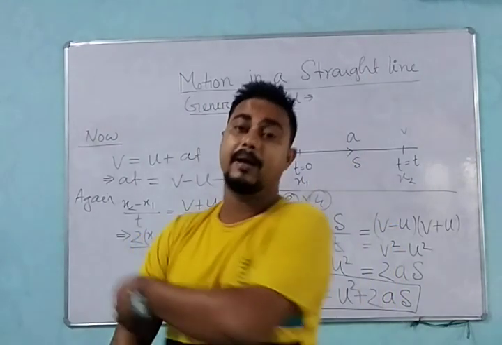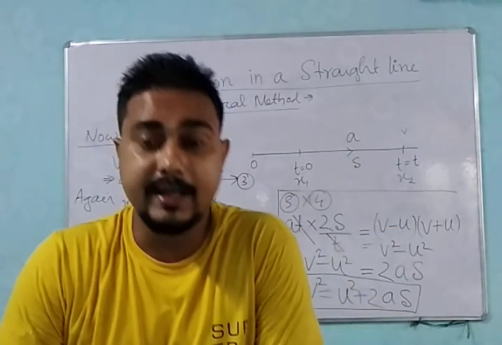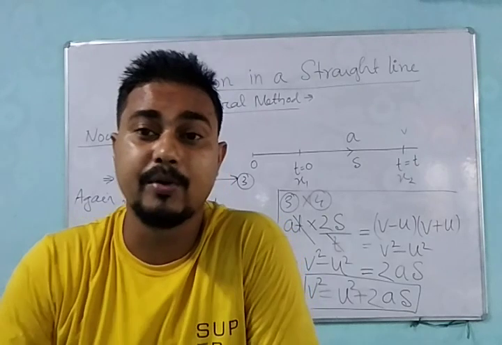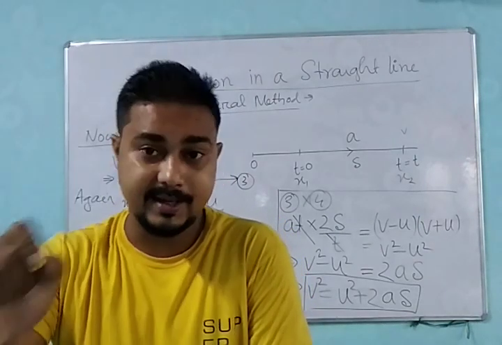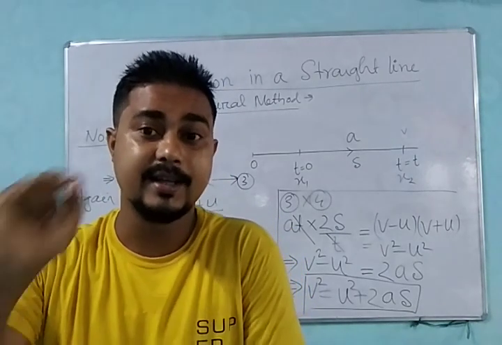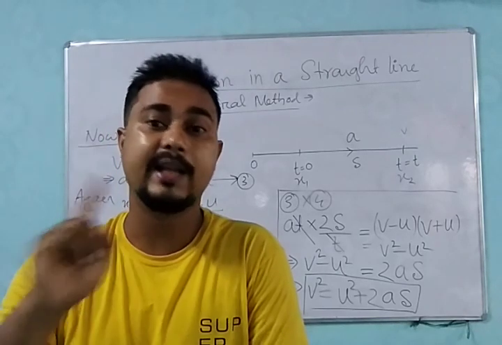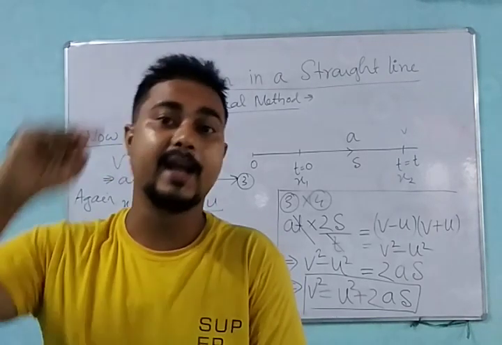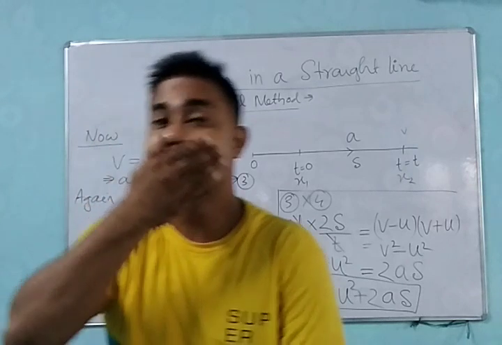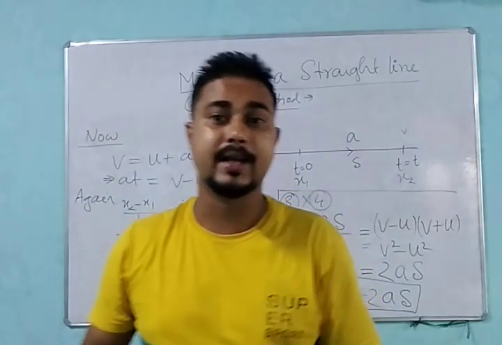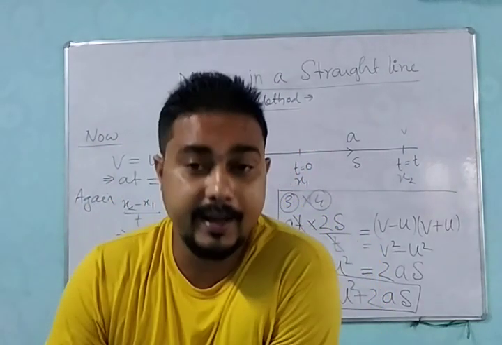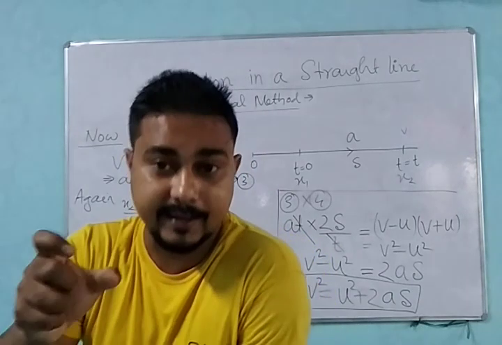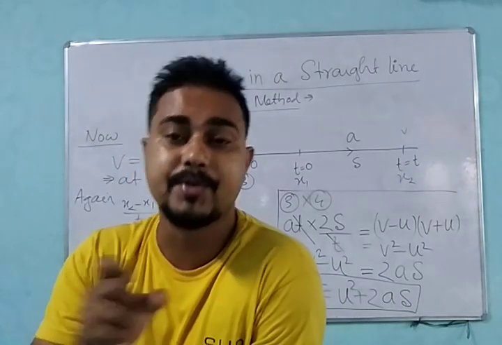Now today we will get a new formula. It is the distance traveled by the body in the nth second, not in n seconds. For example, in the nth second, how much distance will be traveled by the body?